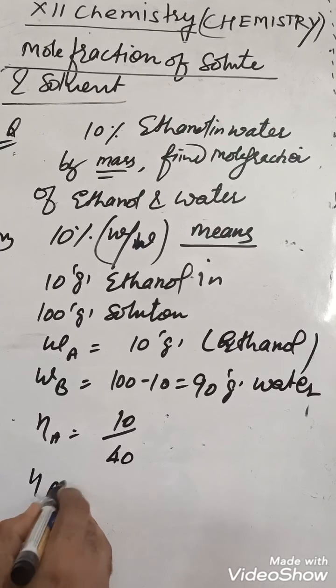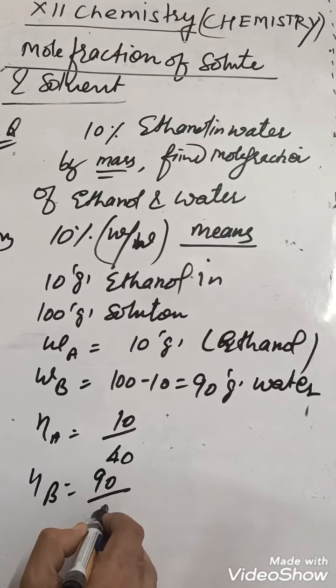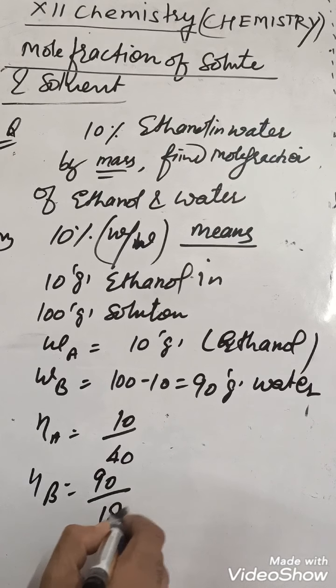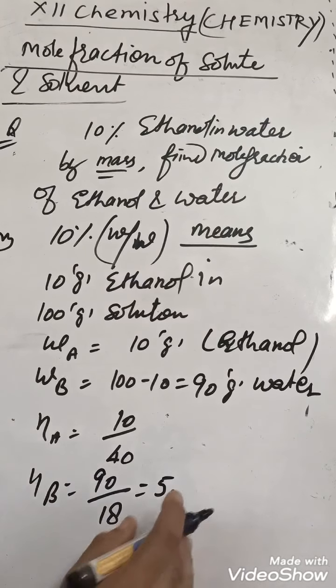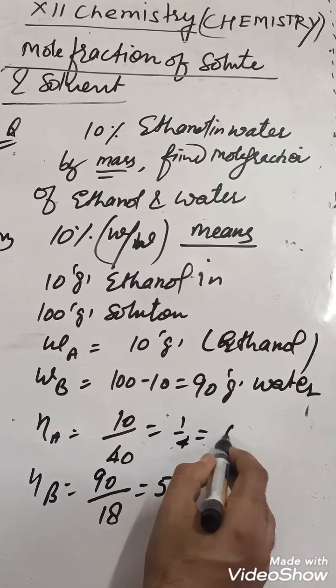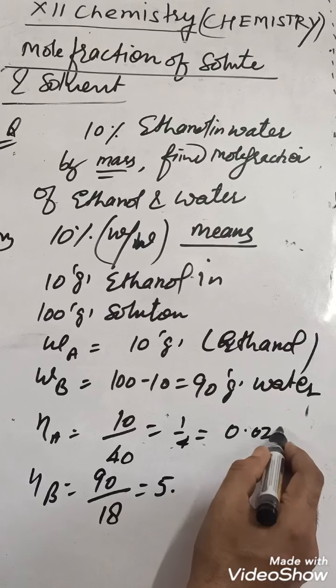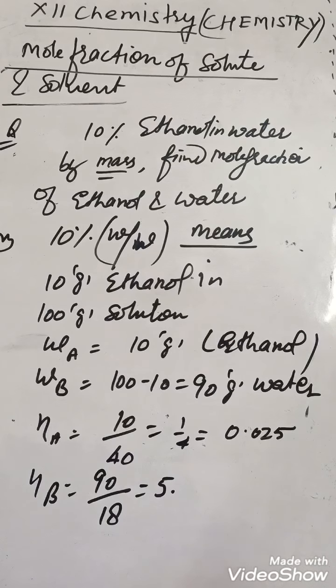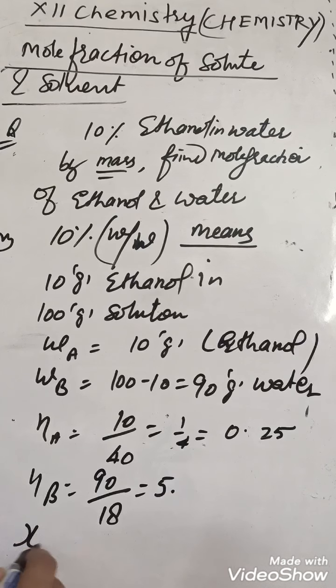And what is Nb? It will be the mass of water, 90 divided by 18, that is 5. And Na will be 10 by 46, approximately 0.25. So what is XA?